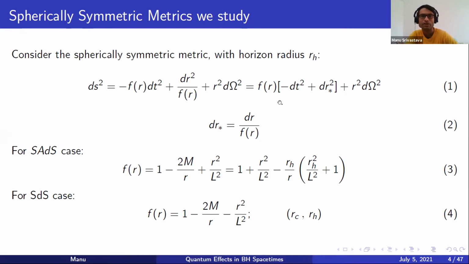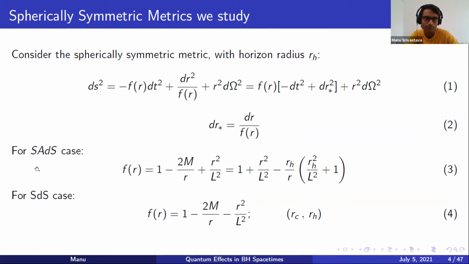And the title of the talk was for asymptotically non-flat black hole spacetime. So for a usual Schwarzschild black hole, in geometrized units, where we set Newton's constant and the speed of light to 1, f(r) is 1 minus 2m by r, only the first two terms.